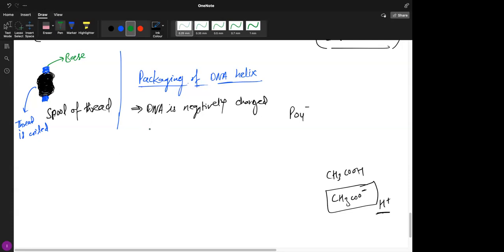So DNA is bound on positively charged proteins, write down, positively charged proteins, to make it a compact packing.